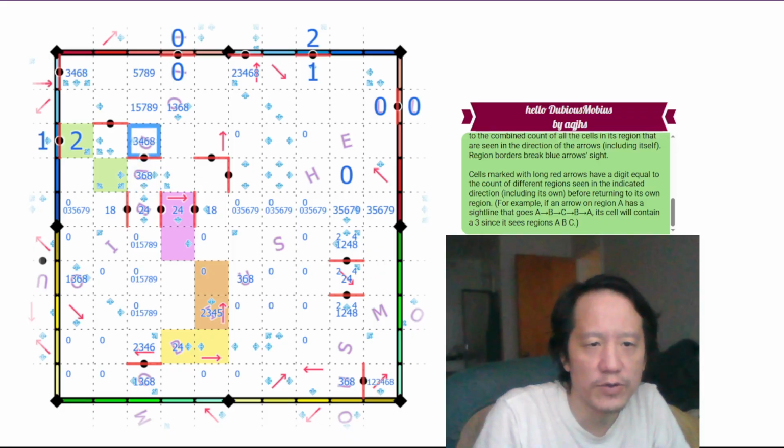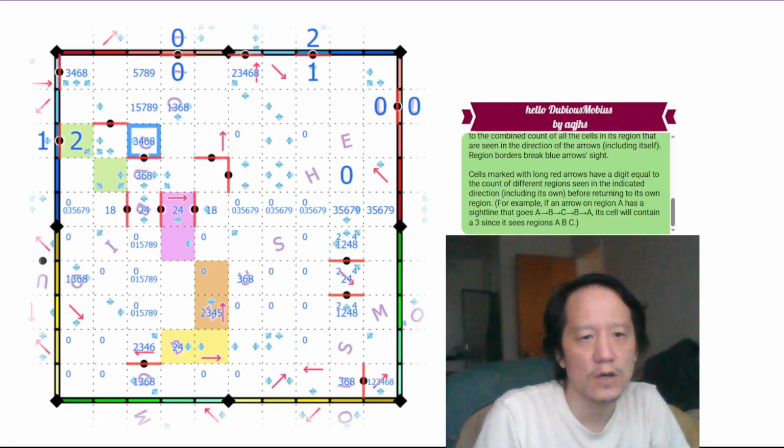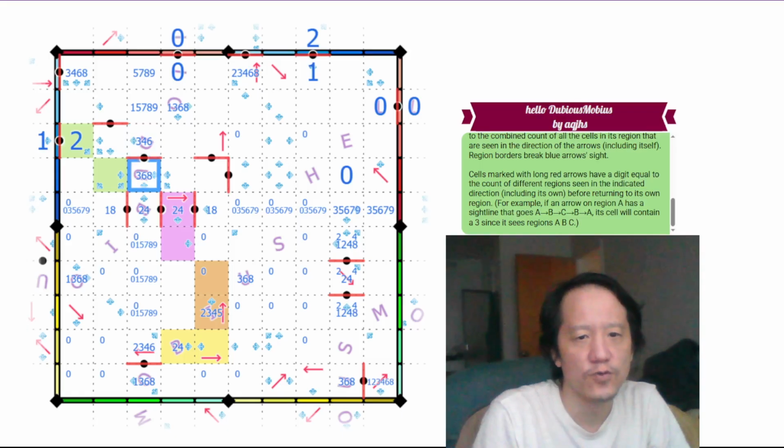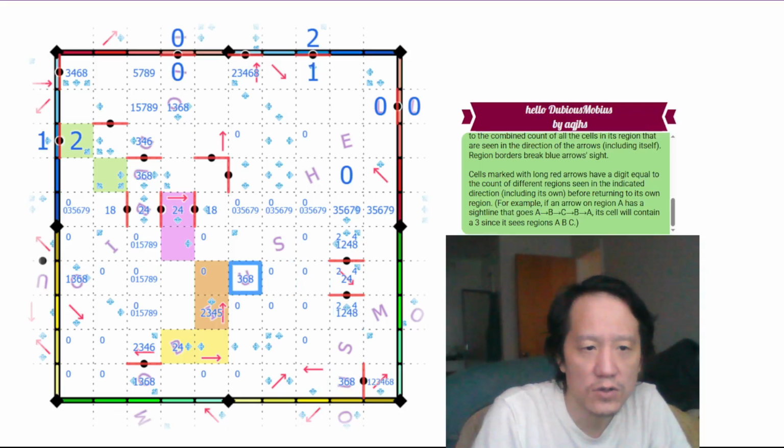Therefore, this can never be 1. This can't be 8, because if this were 8, that would force this to be 4, but it can't be 4 because of the U being here.